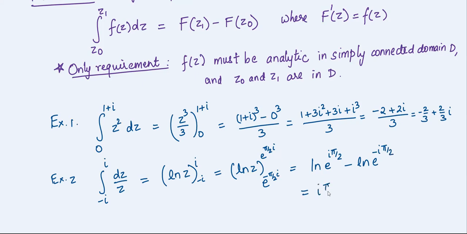So this is I pi by 2 minus of minus I pi by 2. So we get I times pi.